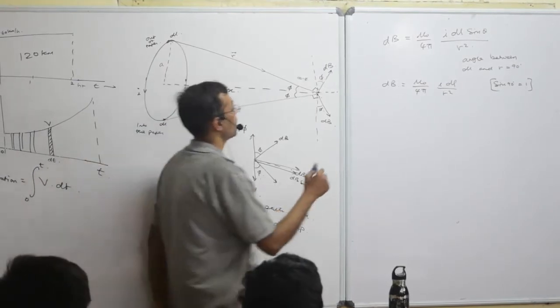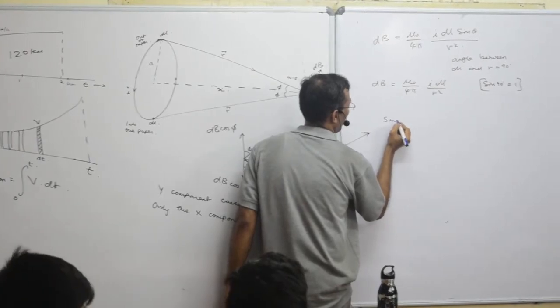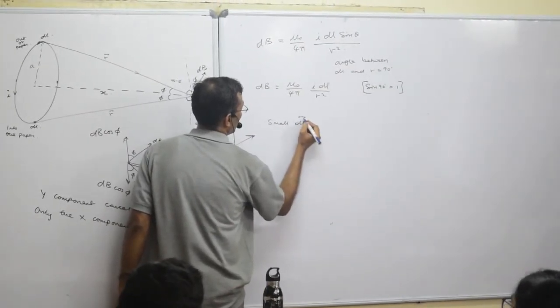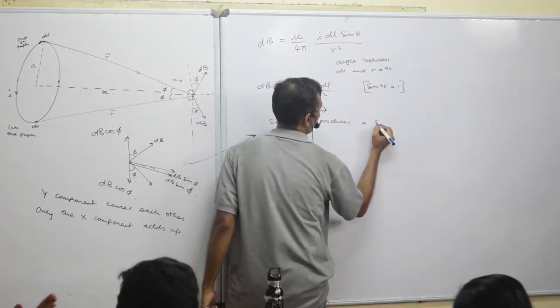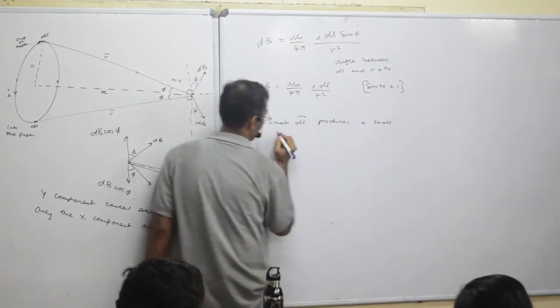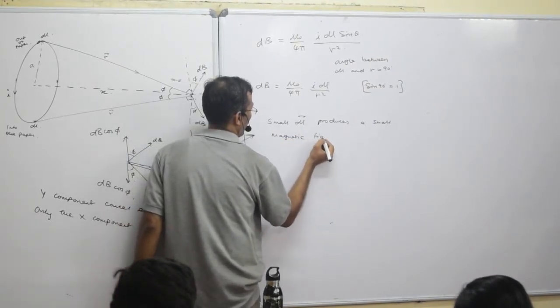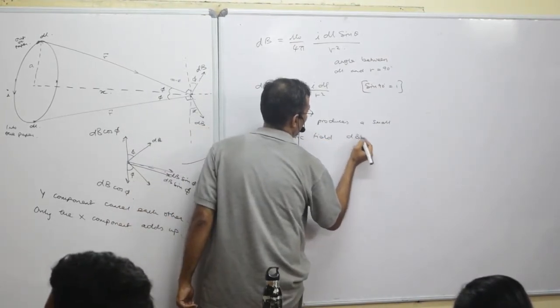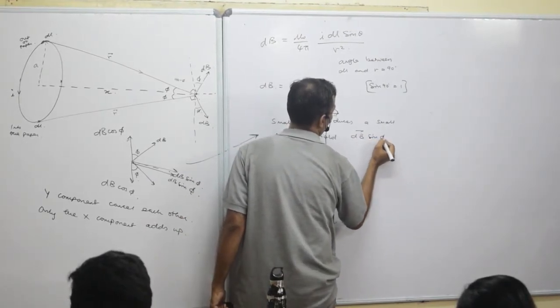Okay. So based on this, I can say a small dl produces a small magnetic field dB sin phi.